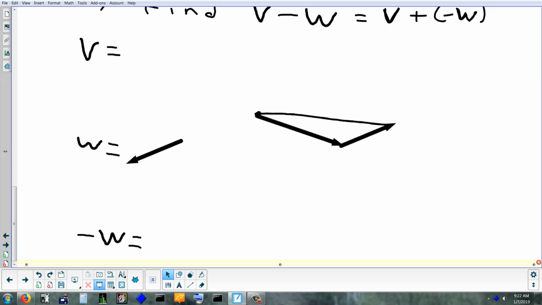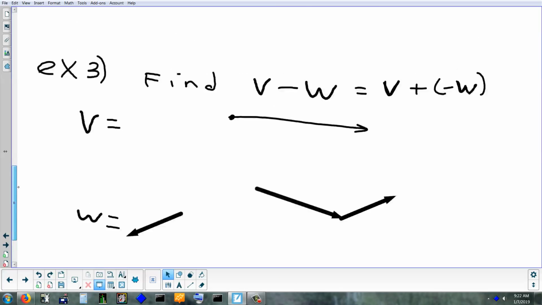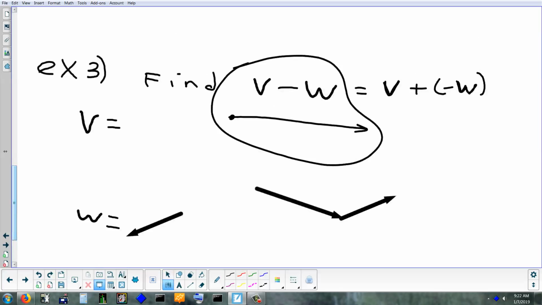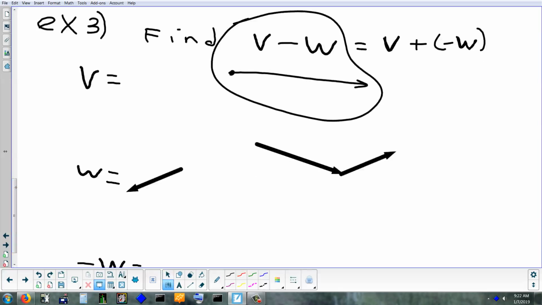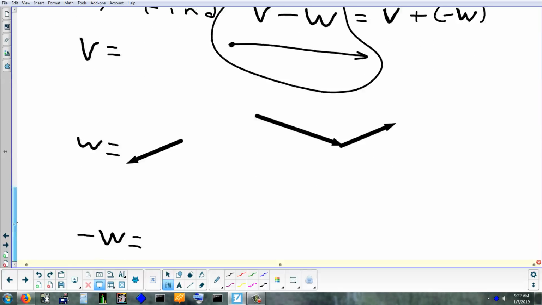Beginning of v to the end of negative w. And there's your answer. Any question on that? So that's how you do subtraction. Just take the second one, flip it around, and add it.